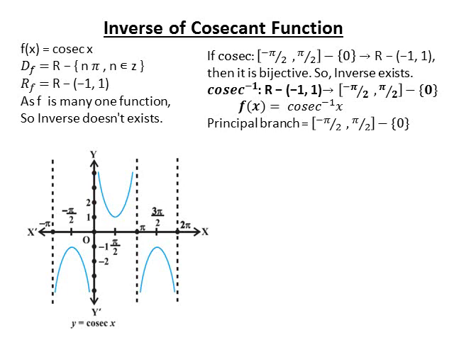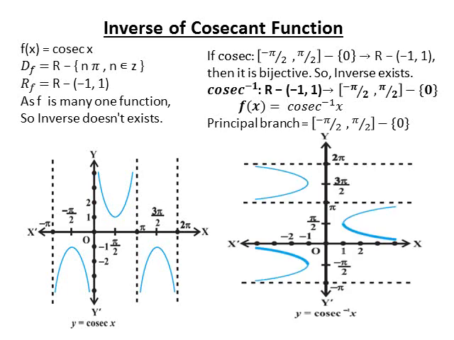So inverse of cosecant function exists and domain of cosecant inverse x is here set R of all real numbers except open interval minus 1 to 1 and range of cosecant inverse x is closed interval minus pi by 2 to pi by 2 except 0, which is also known as principal value branch. This is the graph of cosecant inverse x function.